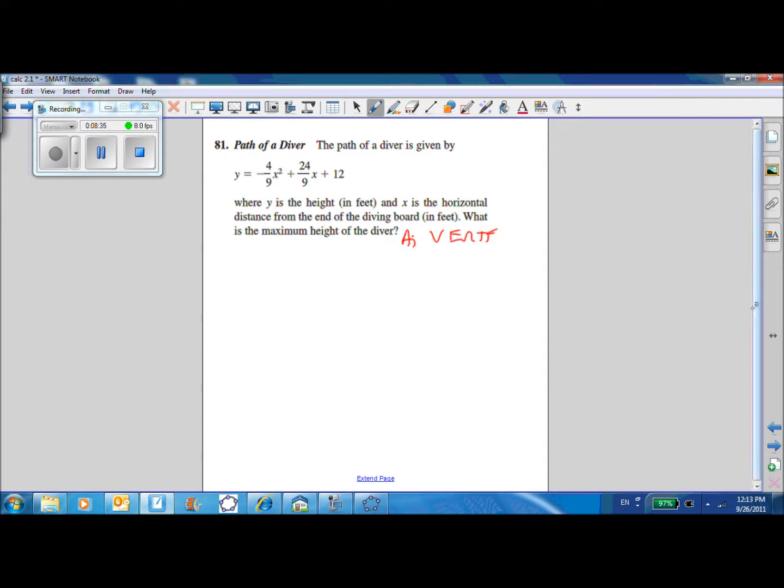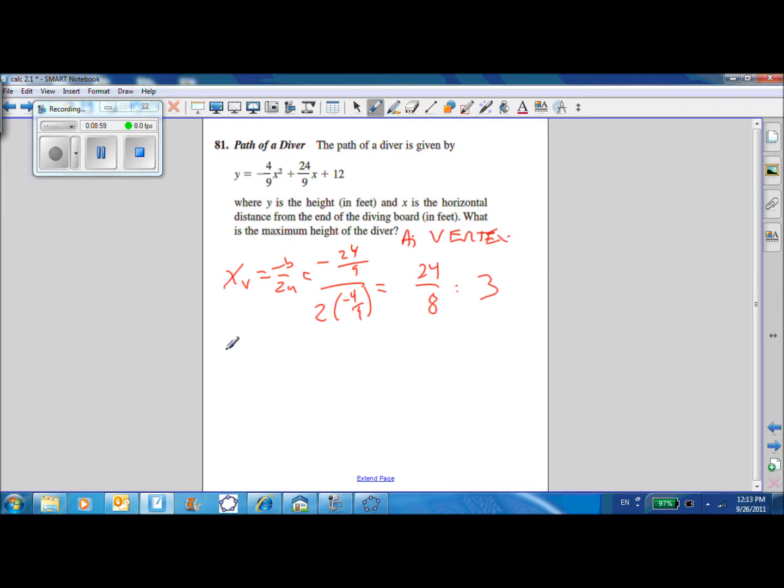And the vertex has x-coordinate at negative b over 2a. So at negative 24 ninths over twice a, which is negative 4 ninths. So we get the negatives canceling, the 9's canceling, and so you get 24 over 8, which is 3.